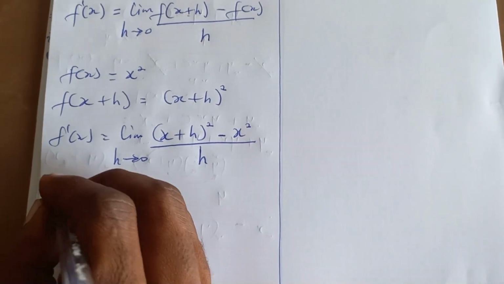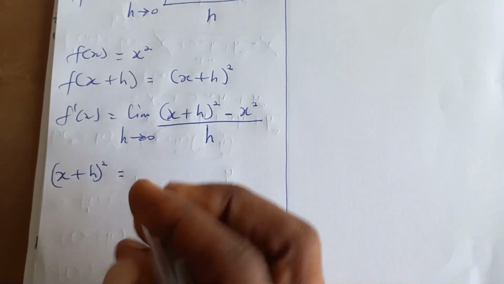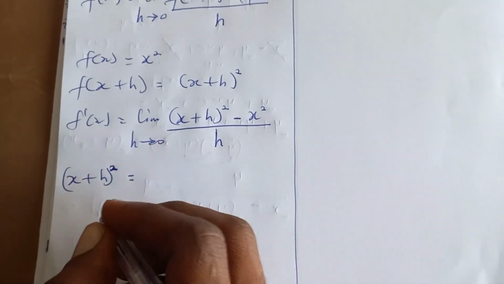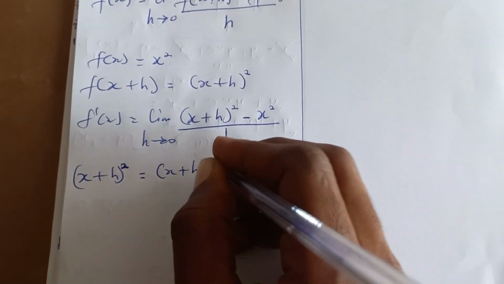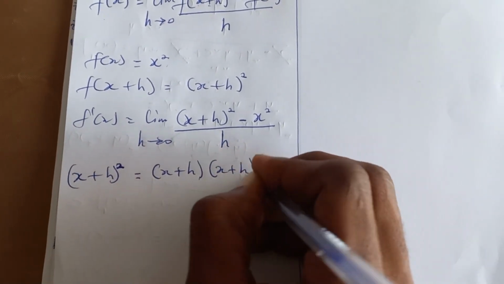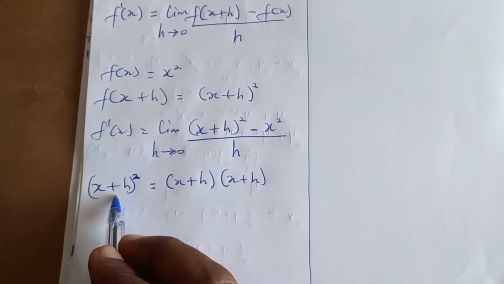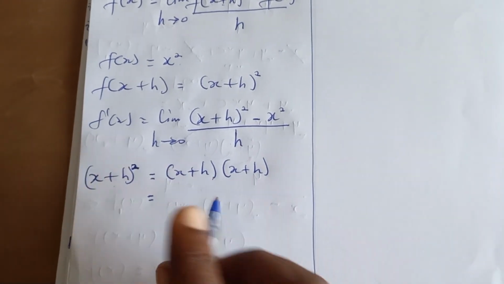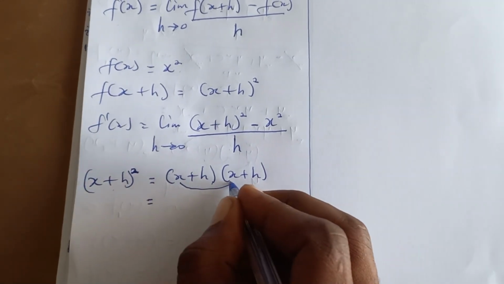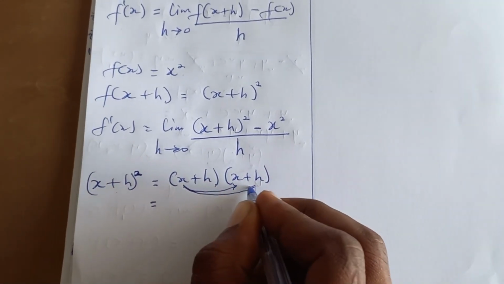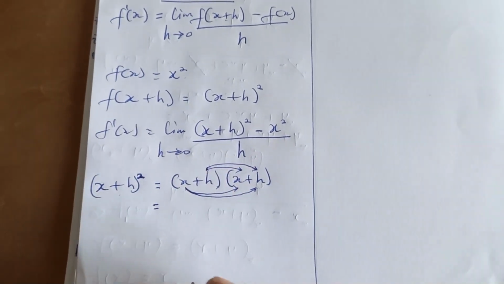So the easiest way to do is that we can make it x plus h multiplied by x plus h, because it is x plus h squared. Okay, so let's simplify what is here.